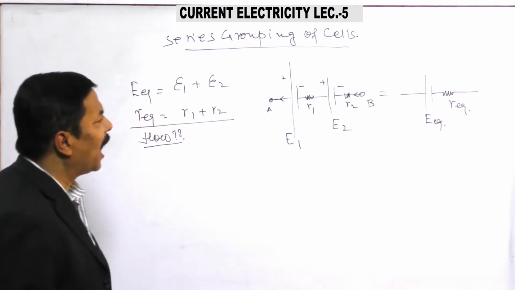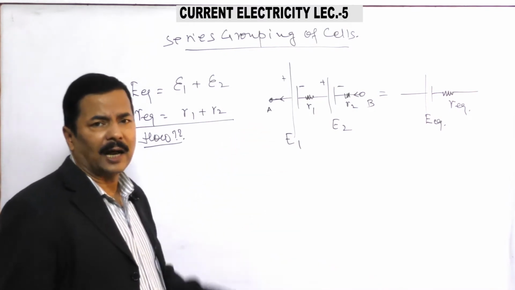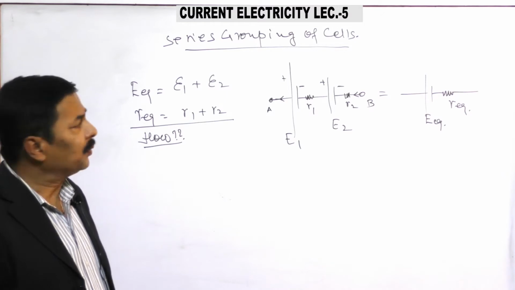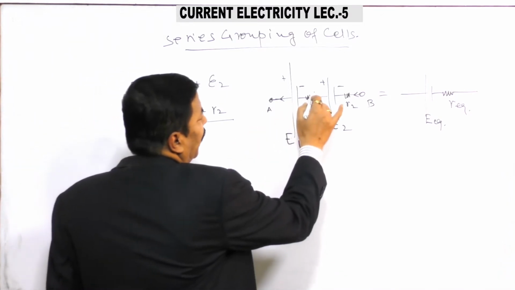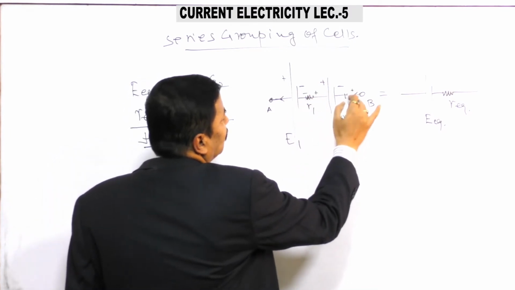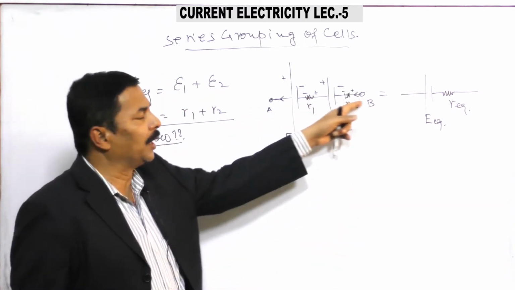So if I apply Kirchhoff's law, that I have discussed in the last video in a partial way, then what will be the value? In the direction of current in the battery, we will see this plus, this minus. Now I am moving from here to here.